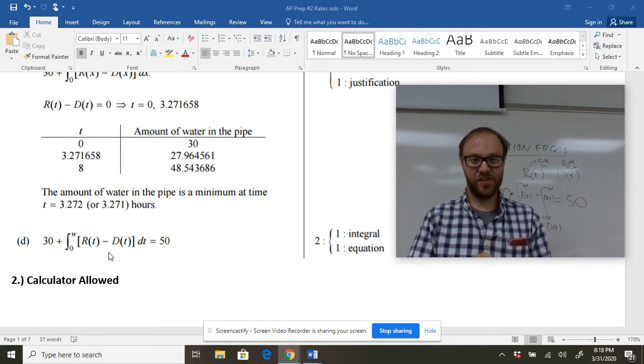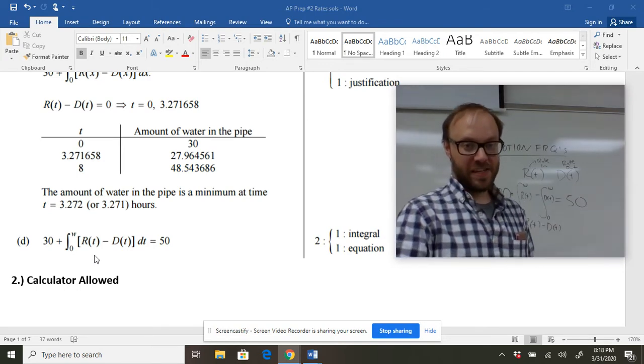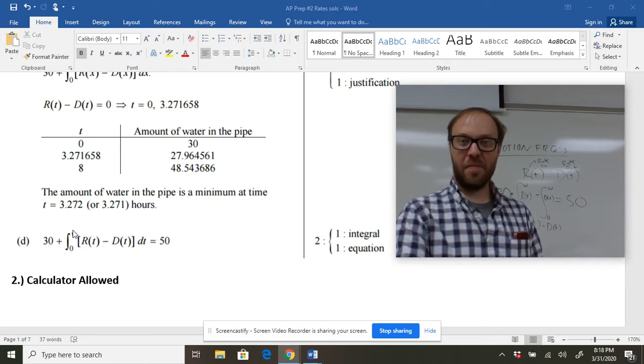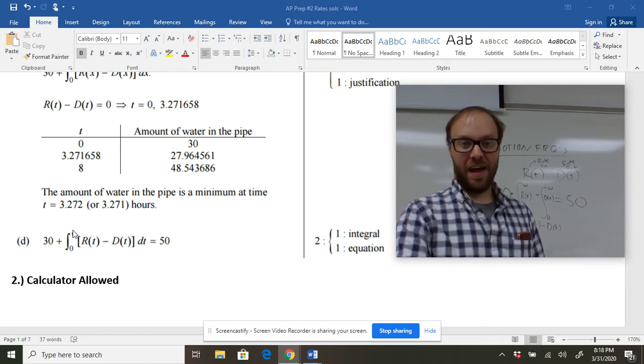Anyway, again, they didn't ask us to solve. Notice they did make a variable here, and actually I guessed a W for water. So remember, you're not subbing in for T here. You're subbing in for the bound. So like you're starting out with 30 cubic feet of water, and then maybe you're going from 0 to hour 6. And that would tell you how much total water is in the pipe after the 6th hour.